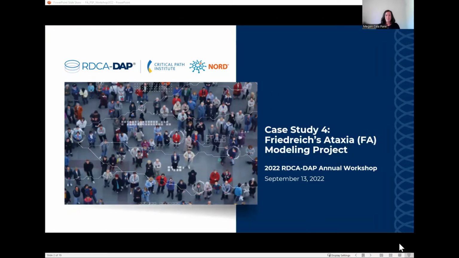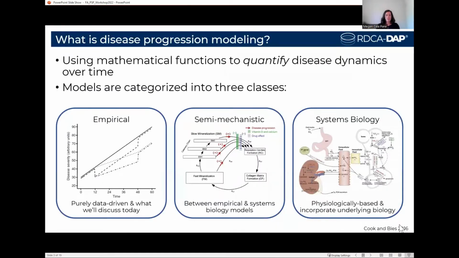Hello, everyone. My name is Megan Cala-Pane, and I'm the Quantitative Scientific Director for RDCA-DAP. During this session, I'll be discussing a case study on disease progression modeling in Friedreich's ataxia. I wanted to start by first defining disease progression modeling and describing the three main classes that fall under the umbrella of disease progression models. This kind of modeling uses mathematical functions to quantify and describe disease changes over time.